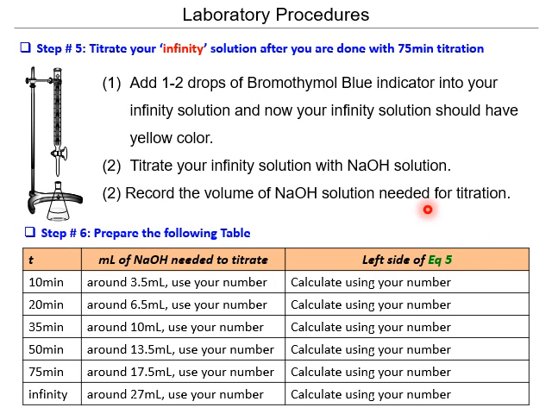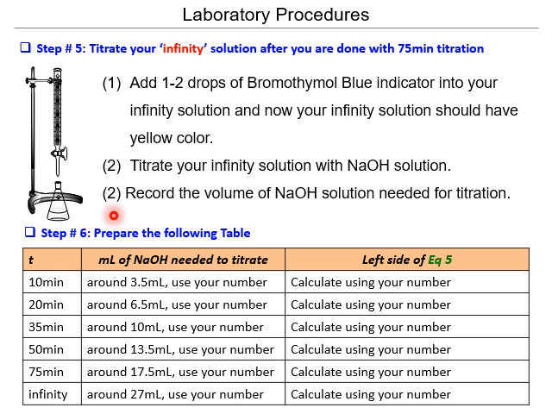Then you need to titrate your infinity solution. Add 1 to 2 drops of your indicator, so the color of the solution will be yellow. Titrate the mixture using sodium hydroxide until the solution is pale green. Record the volume of sodium hydroxide you used for your infinity solution.